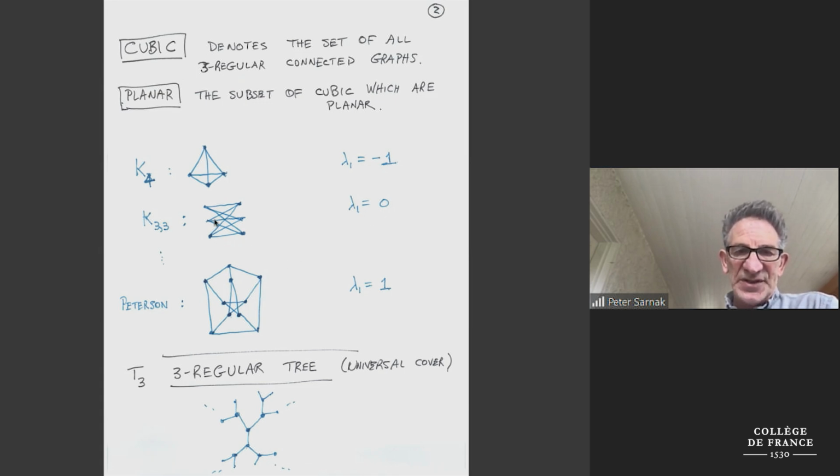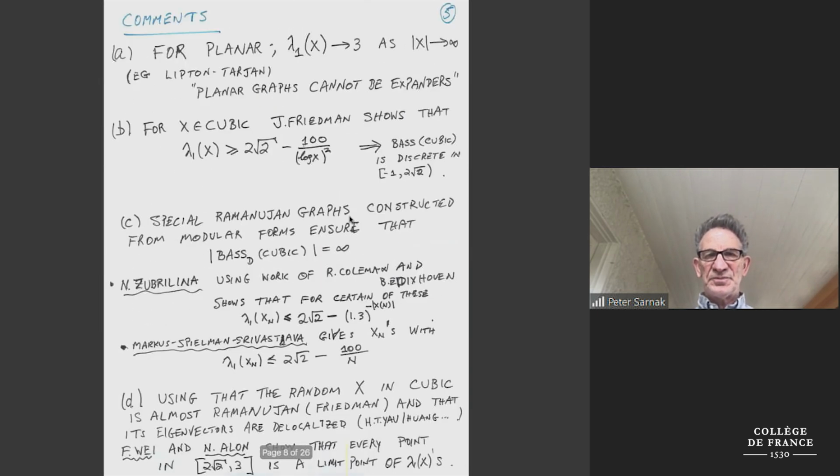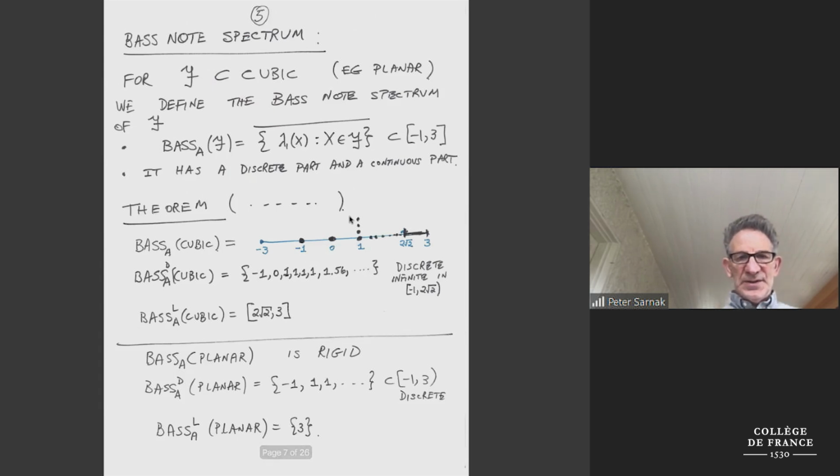And if you increase the size of the graphs, you might think that lambda 1 will increase in the same way. No, it's very tricky to try to keep lambda 1 away from 3. That's the expander question. Very difficult, but very well understood today. So we're going to take the closure of that set.